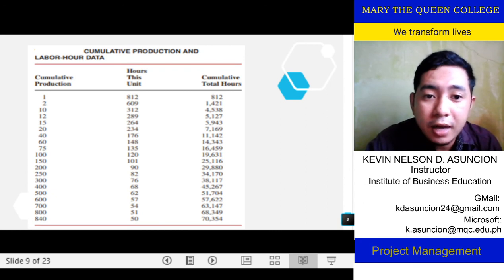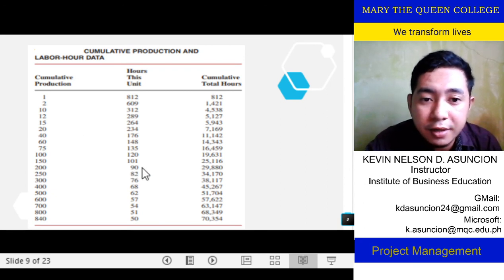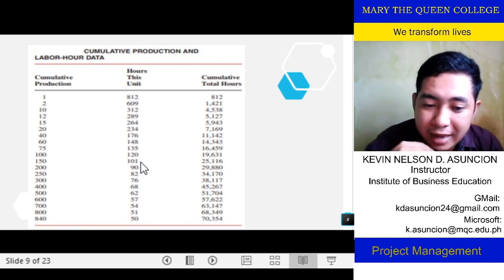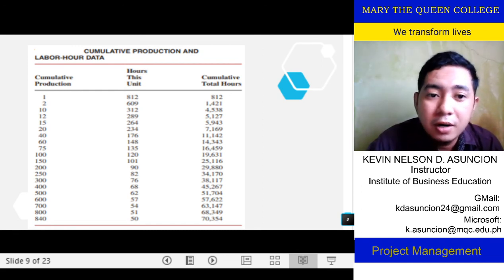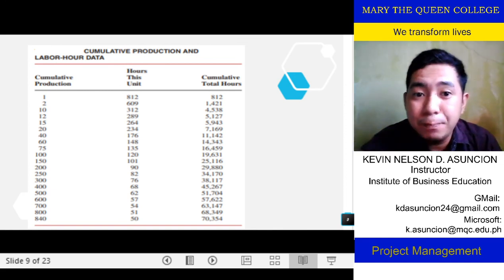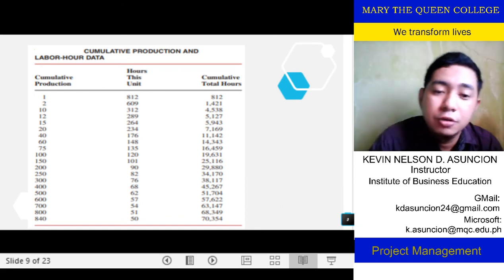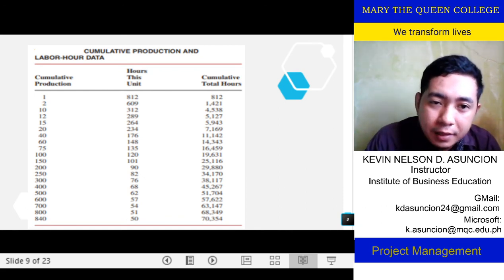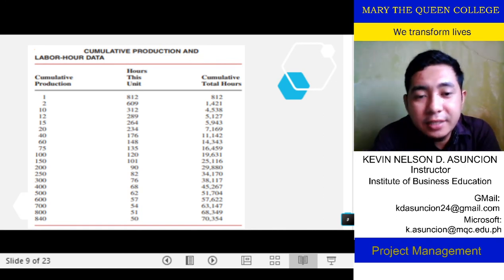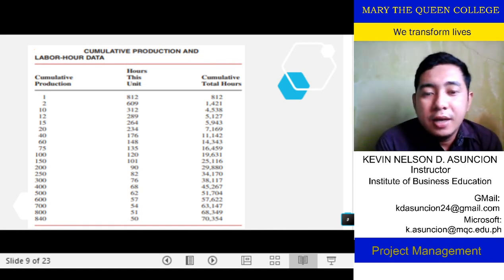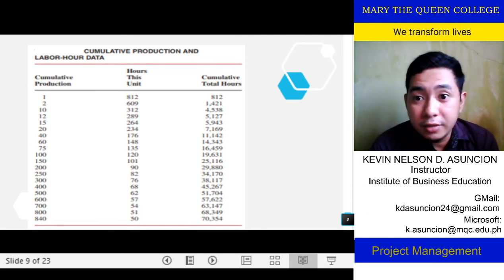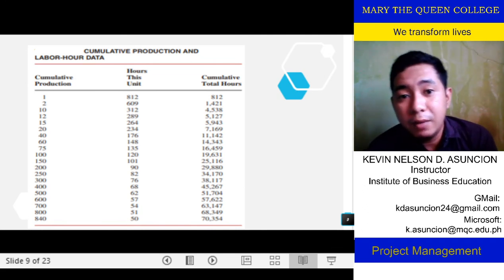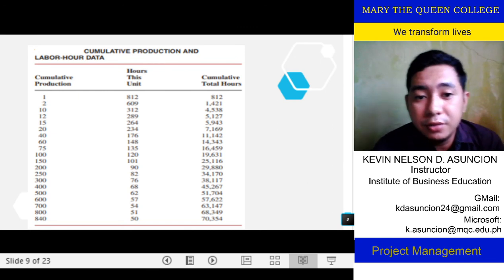Merong point ang learning curve, no? There's a point in the learning curve na bumababa na yung level nung pagtaas nung production, or at the very least yung pagkatuto o yung pagbilis ng production, no? That's it, hours in these units. By the way, it's not conclusive, no? Kasi pinakita ko lang yung pagbabago in the number of hours kung napoproduce.